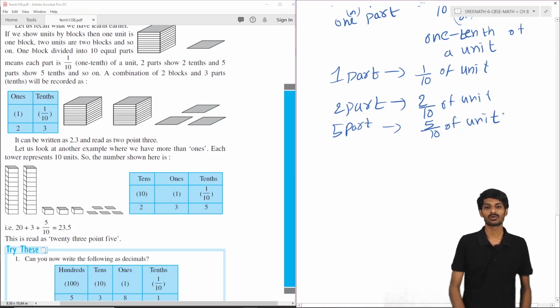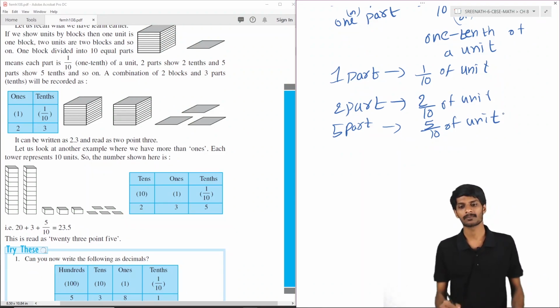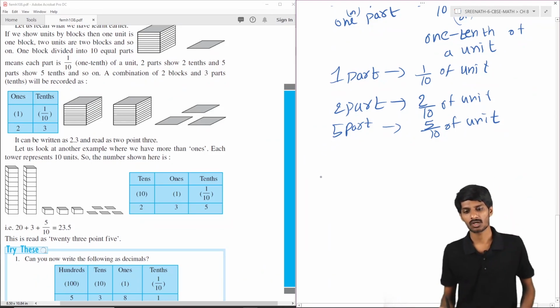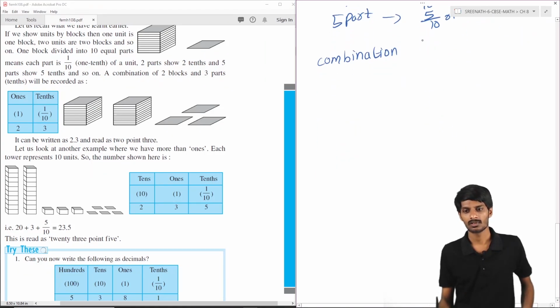Okay, so a combination of 2 blocks and 3 parts will be recorded as... suppose there is a combination of 2 blocks and 3 parts.